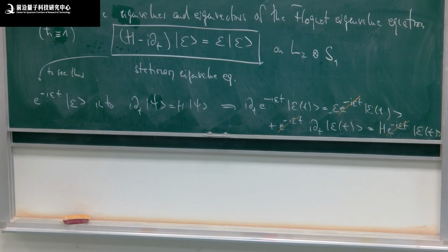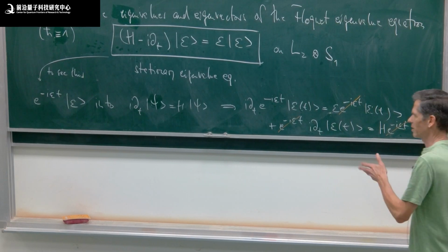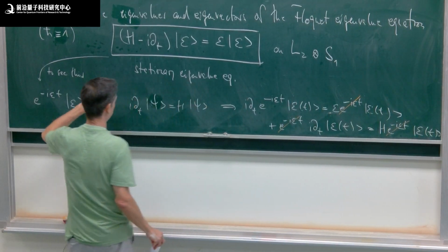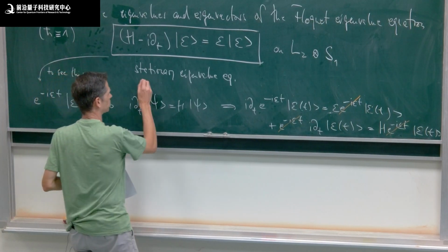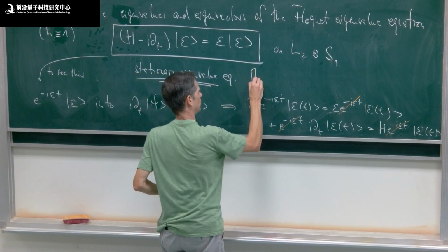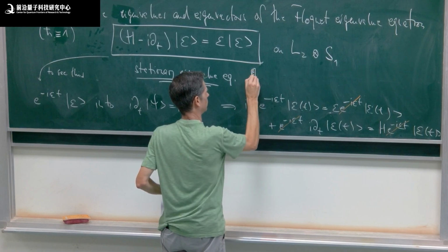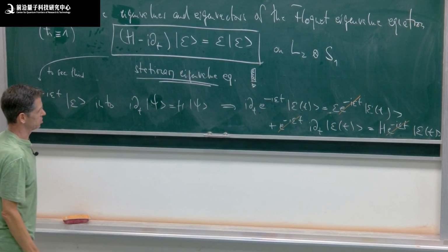So now, some quick observations. I don't write them down now for reasons of time. But one of the observations is that this is a stationary eigenvalue problem on a larger space.